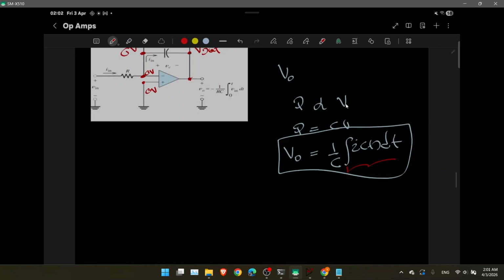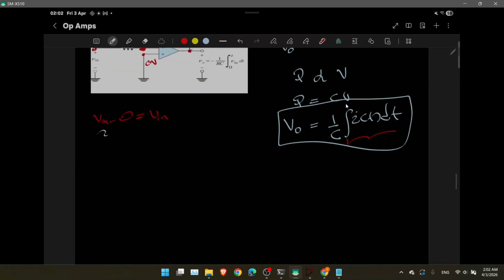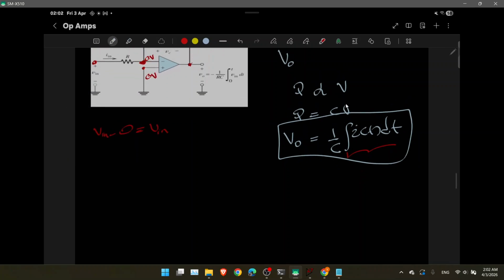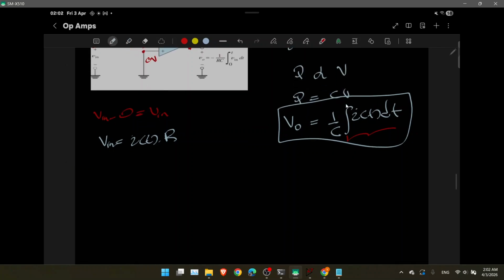The voltage across this point and this point is V in minus 0, that means V in. If we simply apply Ohm's law, V in is equal to I times R. R means this resistance over here.